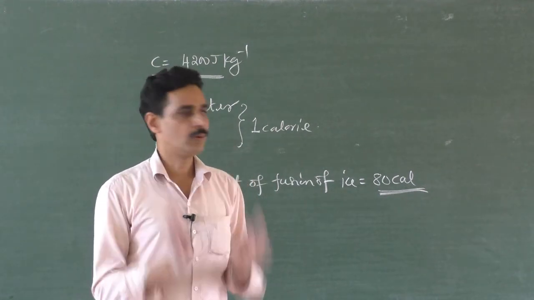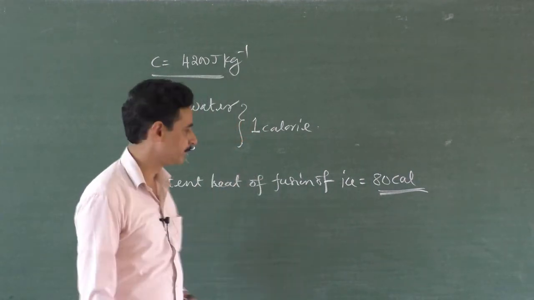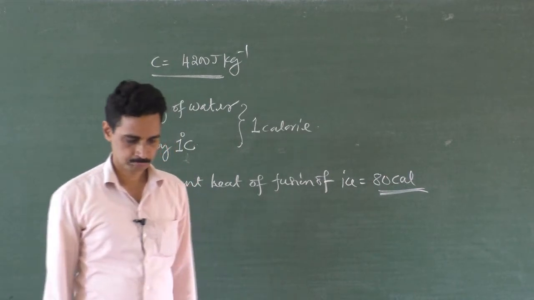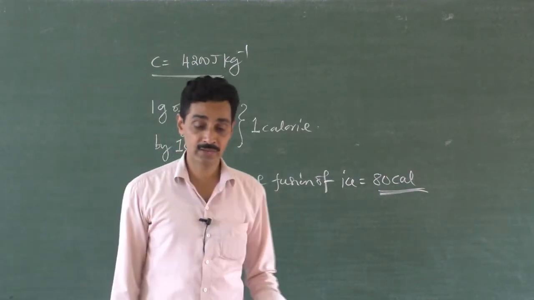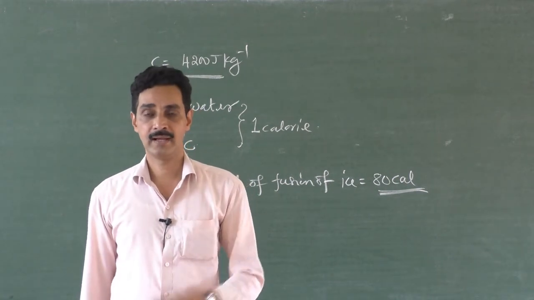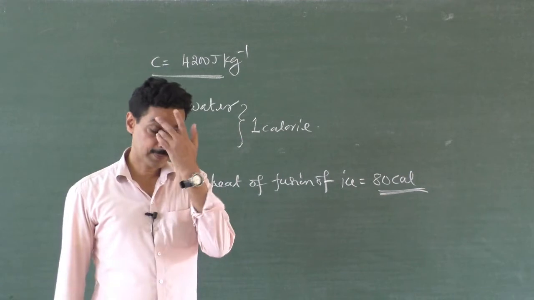If you have just melting ice at 0 degrees Celsius, 1 gram, the heat energy required to melt it completely into liquid state at 0 degrees Celsius is 80 calories. Right?